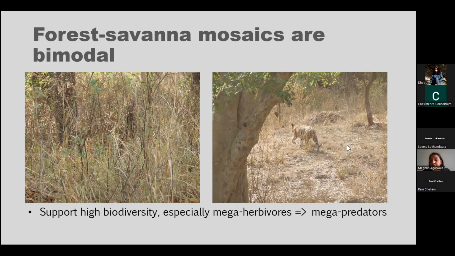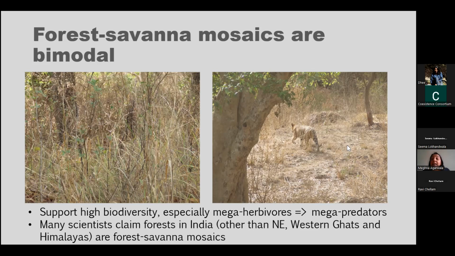And across the world, they've shown that these forest savanna mosaics are some of the most biodiverse, especially when it comes to mega herbivores. And many scientists for the last decade have been saying that actually the forests of India, our Western Ghats, Northeastern Himalayas, are actually this forest savanna mosaic and not really the pure forest.